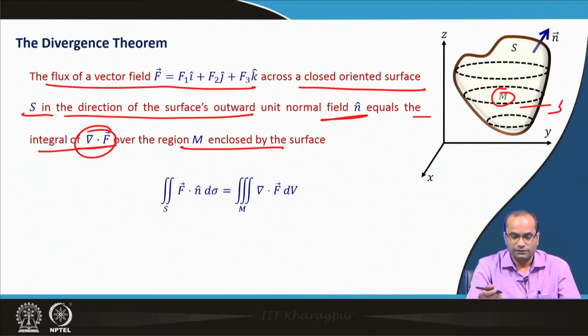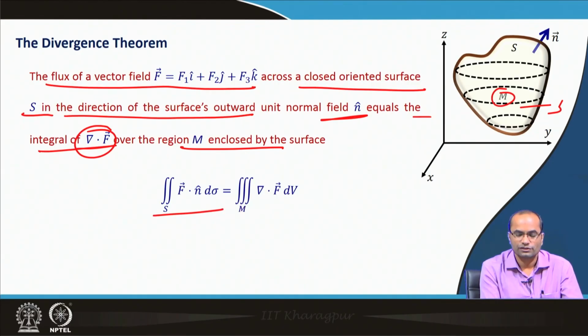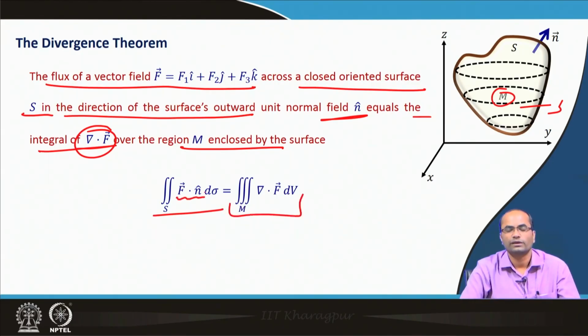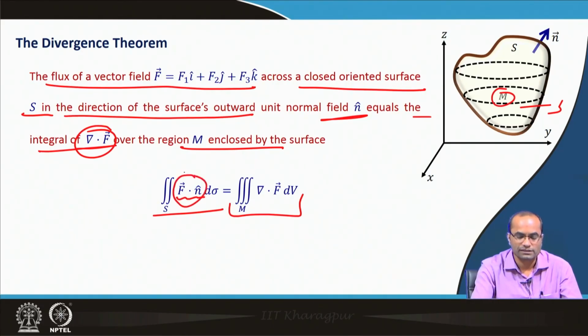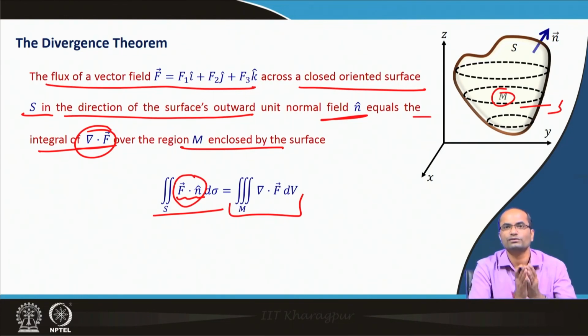And then we have this result, which we have just discussed previously, as an extension of the Green's theorem, that the surface integral of this f dot n, which is precisely the component of f in the direction of the unit normal, integrated over the surface, is equal to integrating the divergence of f on this volume, which is covered by the closed surface S.